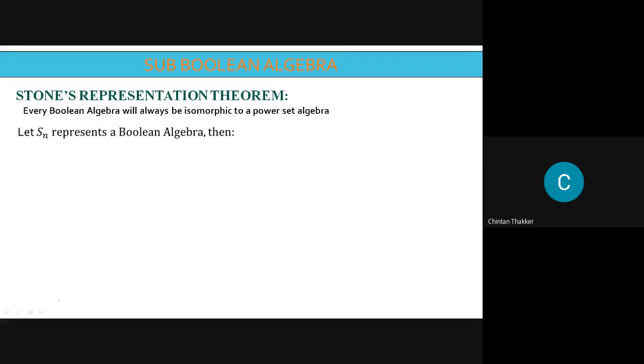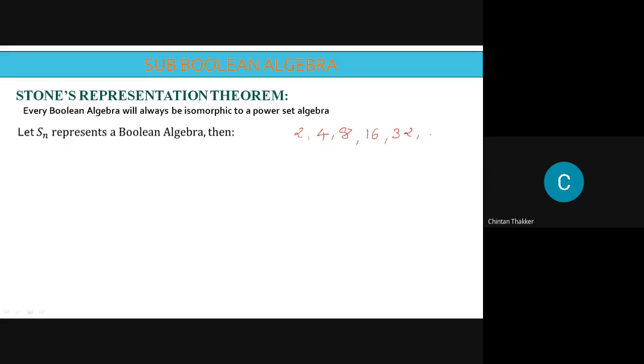That means every Boolean algebra has elements in the form 2 raised to n. 2 raised to n means 2, 4, 8, 16, 32.